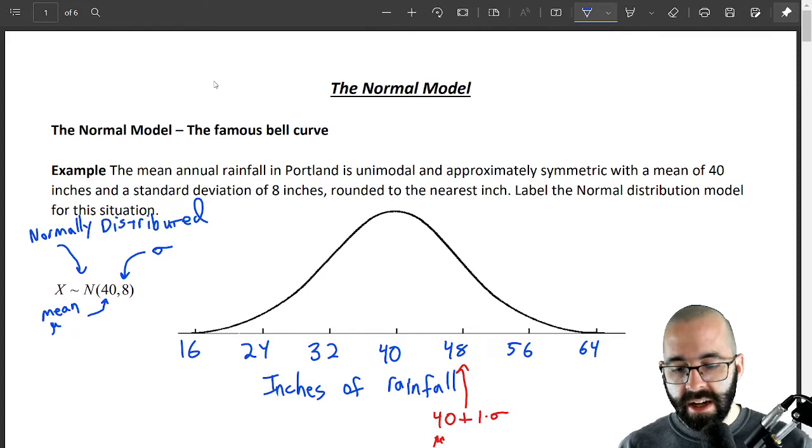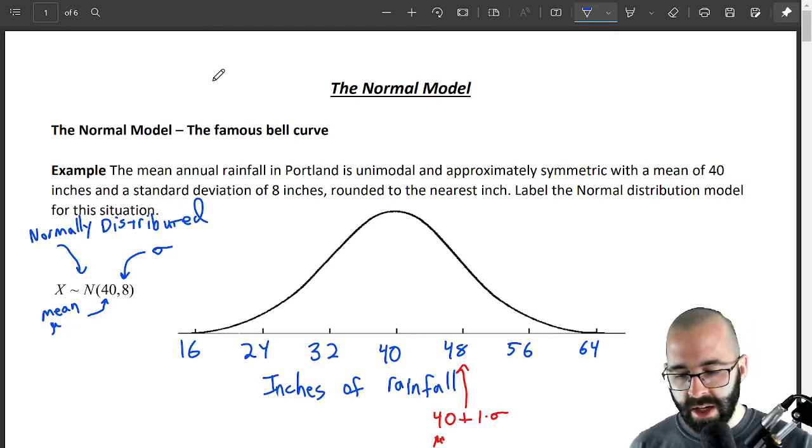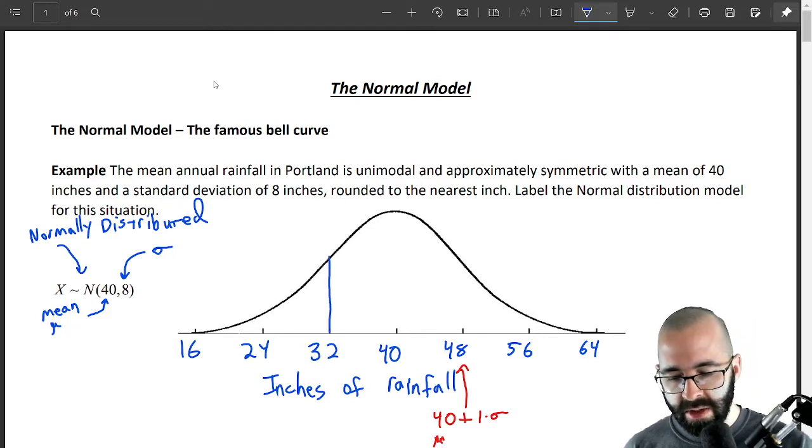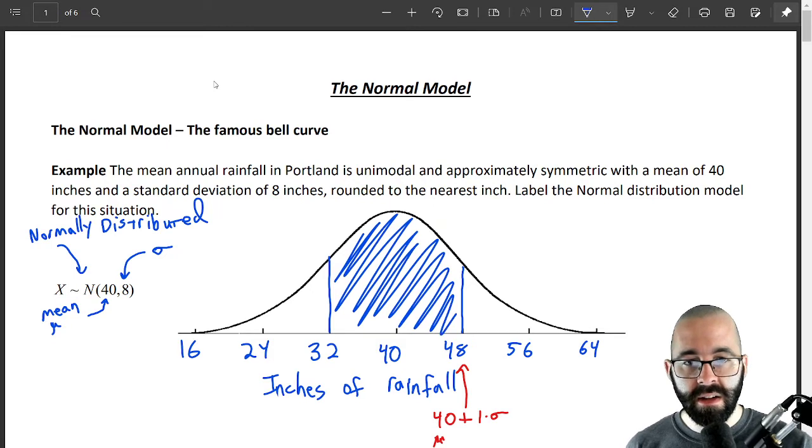So within 1 standard deviation of the mean, which is a phrase that comes up all the time, how much of this data is within 1 standard deviation of the mean? Well, we would look and say, this is all the data that's within 1 standard deviation of the mean. This is quite a bit of the total area.